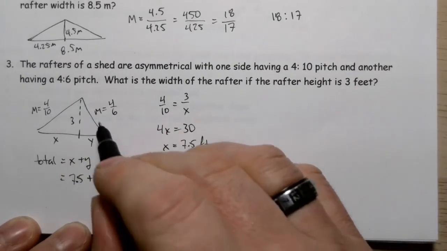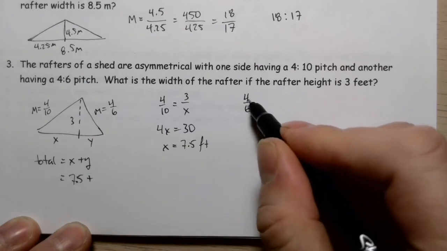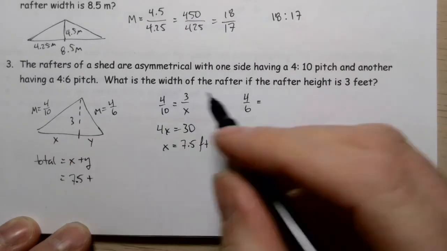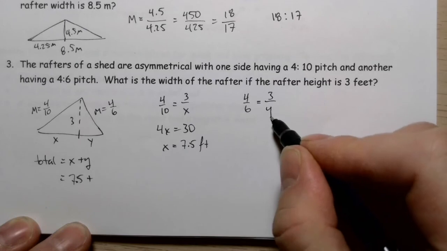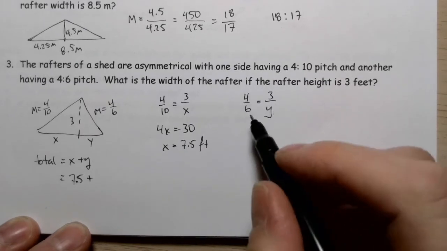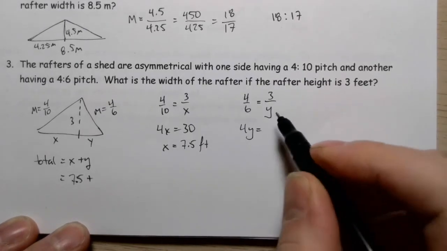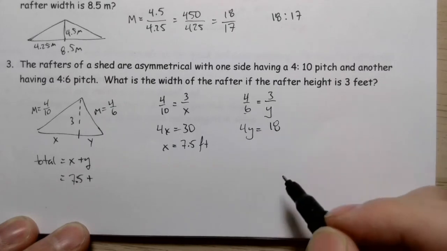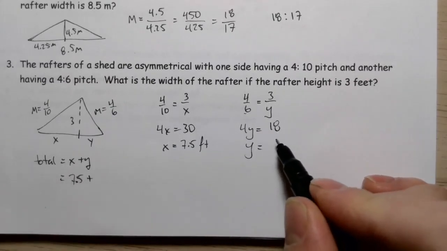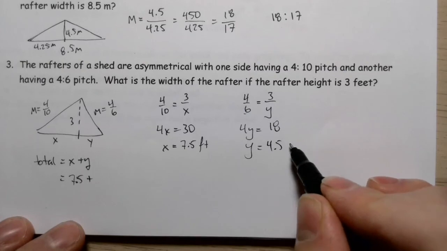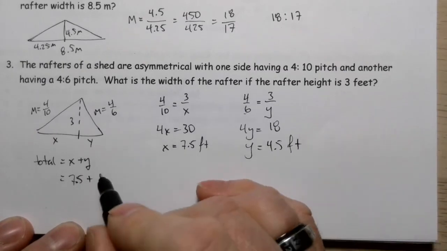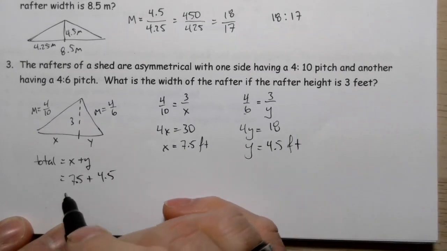Well, we know the slope of this line is 4 over 6, rise over run. I know the rise is 3. It's the run that I don't know. I'm going to cross multiply, so 4y is going to equal 18, 6 times 3. And then when I divide here, I'm going to get 4.5 feet. So 4.5 feet.